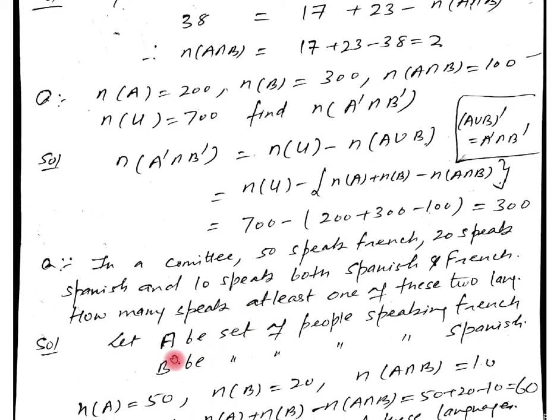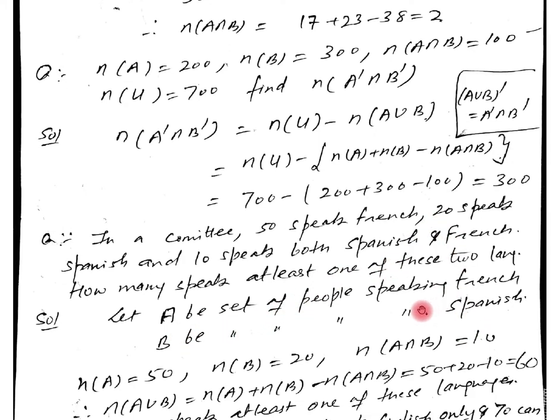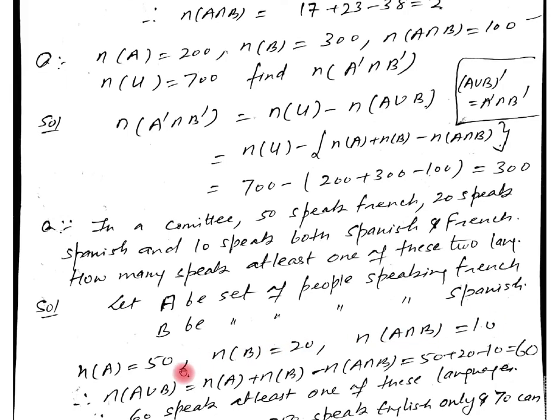First we have to write down: let A be the set of people speaking French. We always suppose, let A be the set of people speaking French and B be the set of people speaking Spanish. Now it is given that the number of A is 50, the number of B is 20, and the number of A intersection B is 10.